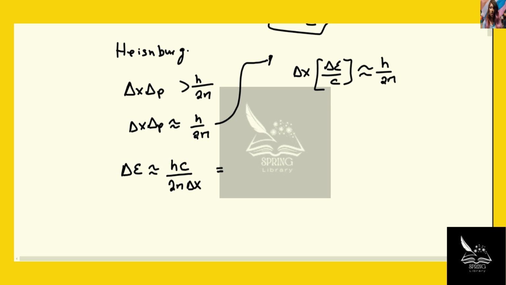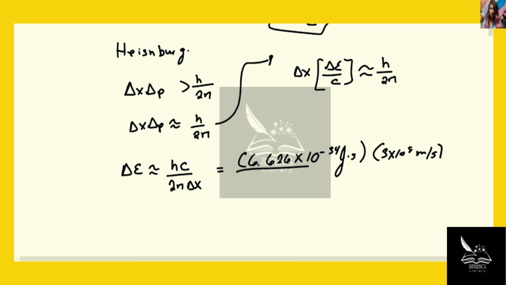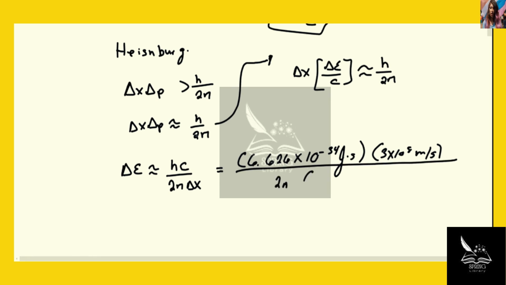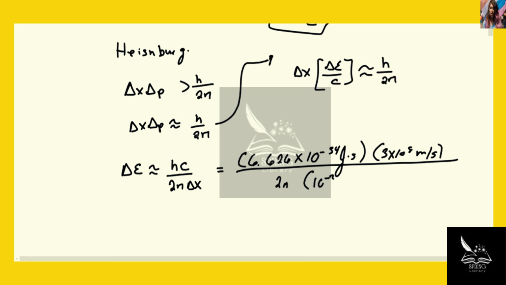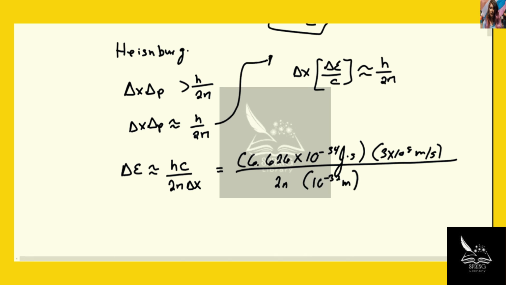And in this, we can plug in Planck's constant, 6.626 times 10 to the negative 34 joules per second, times the speed of light, 3 times 10 to the 8 meters per second. Now we have 2 pi, and we are given 10 to the negative 32 meters.